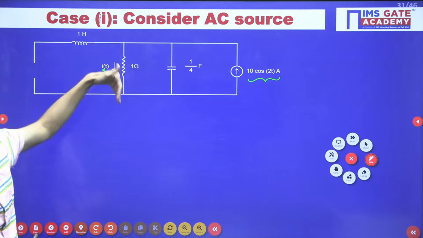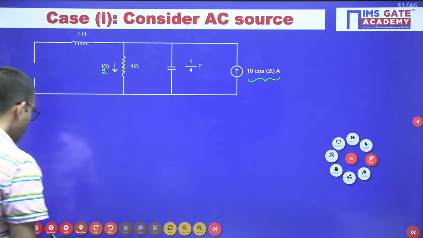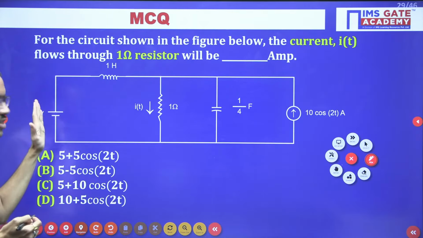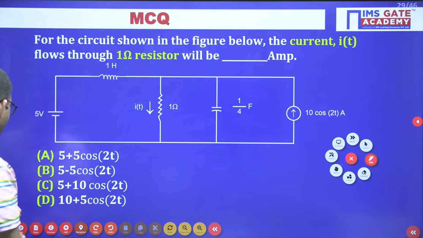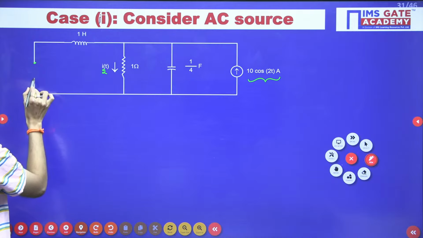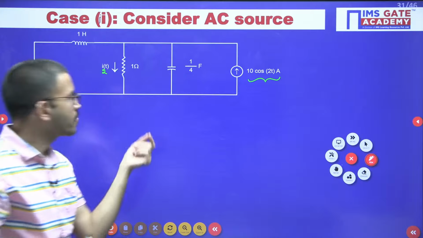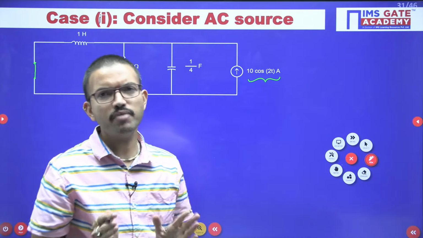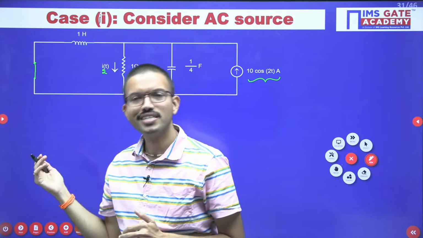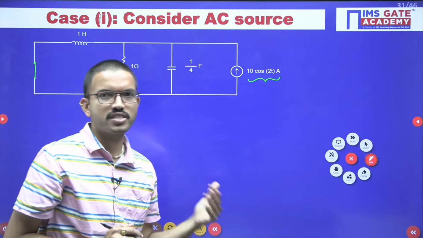Here we are having a voltage source, right? Whenever you are having a voltage source, we will make it short. When using the superposition theorem, at any time we consider one source. Whatever the other sources you are having, we have to replace with their internal resistance. If voltage source means short circuit, if current source means open circuit.